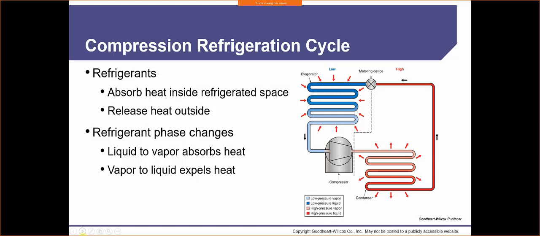So we have to have the right amount of gas inside of our system, so we have to properly charge our systems to the point where we're going to have a change of state, going from a vapor to a liquid. Not enough refrigerant, we're always going to stay in a vapor state, and we're not going to be able to release the heat properly when that refrigerant goes to the outside, to the condenser.